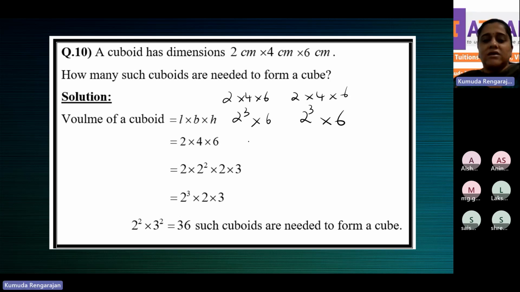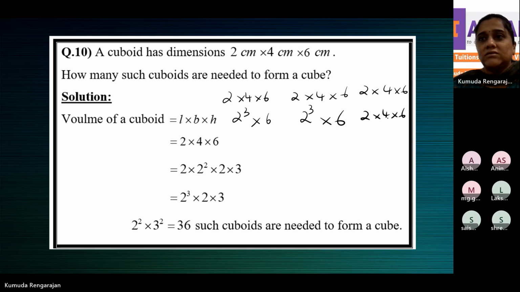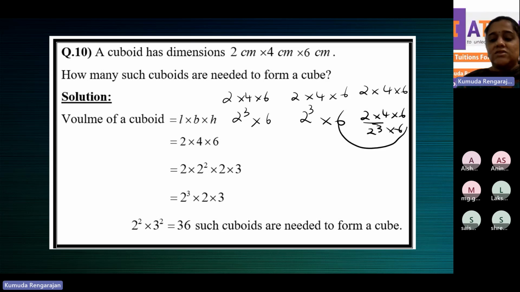Correct? So then now you need one more 6, right? You need one more 6. So that means you should take another one, 2 into 4 into 6. Correct? So now what will happen? This is 2 cubed and this is 6. So you can see a 6 into 6, 36.